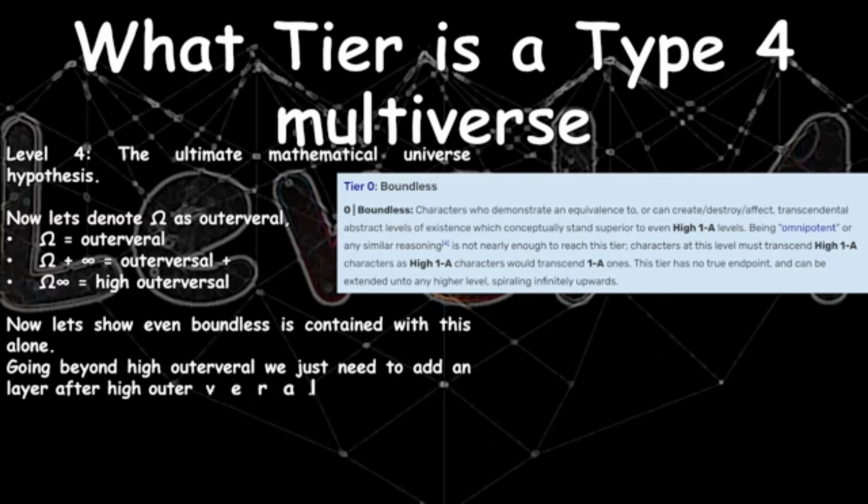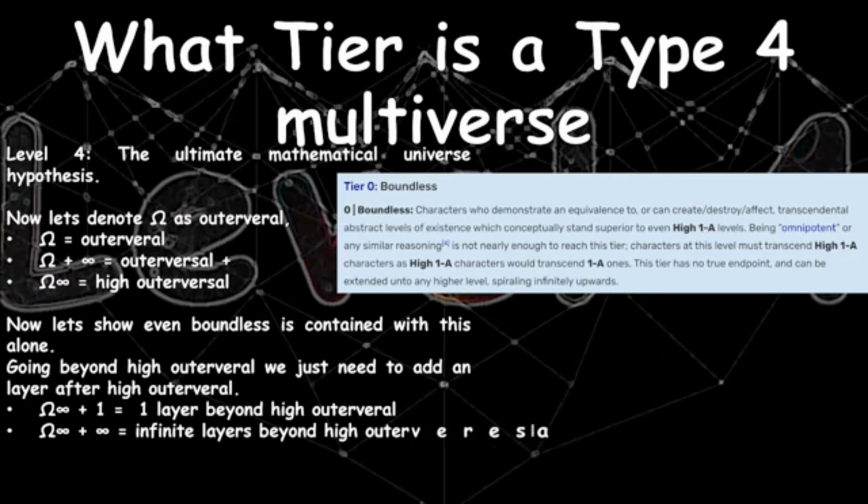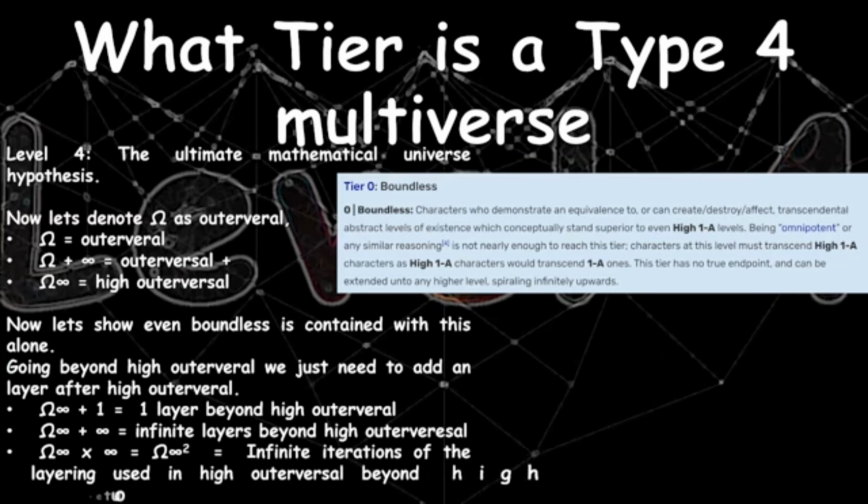Going beyond high alderversal, we just need to add a layer after high alderversal. So we use what we have for high alderversal, capital omega infinity, then we plus 1 for one layer beyond high alderversal. Capital omega plus infinity has infinite layers beyond high alderversal, and capital omega infinity times infinity, or capital omega infinity squared, is infinite iterations beyond layering of high alderversal beyond high alderversal, which is boundless.